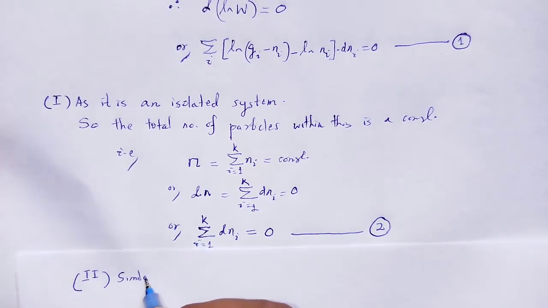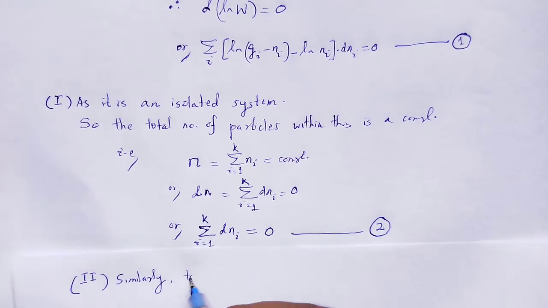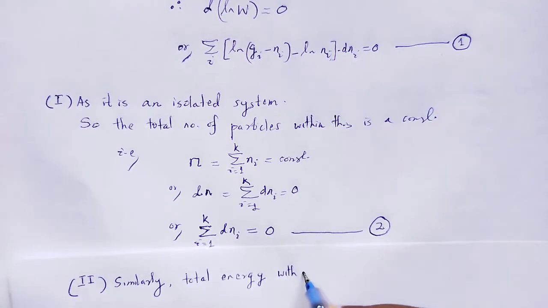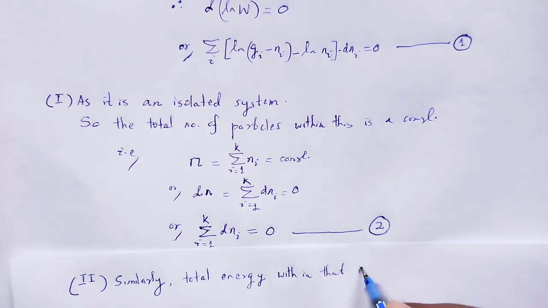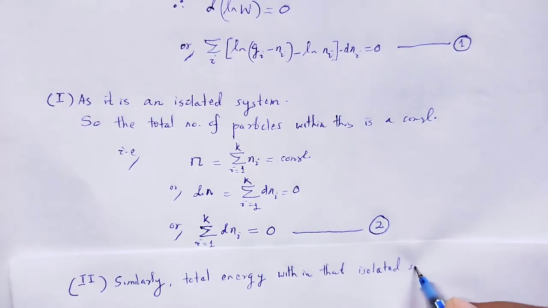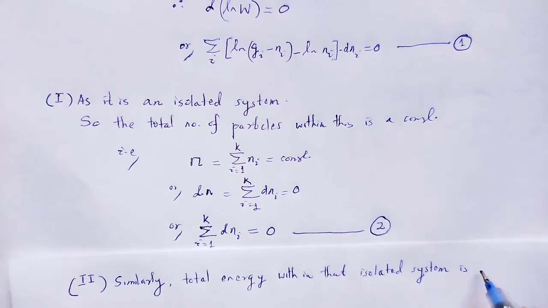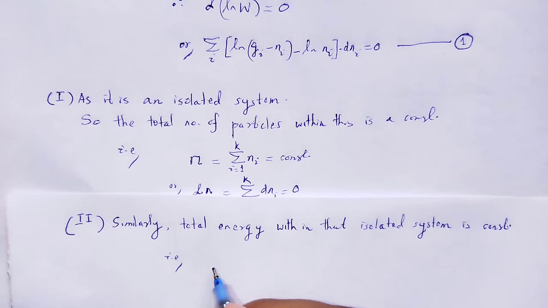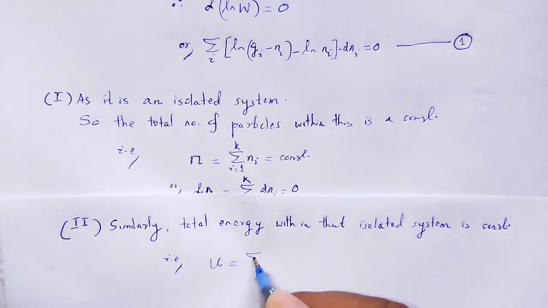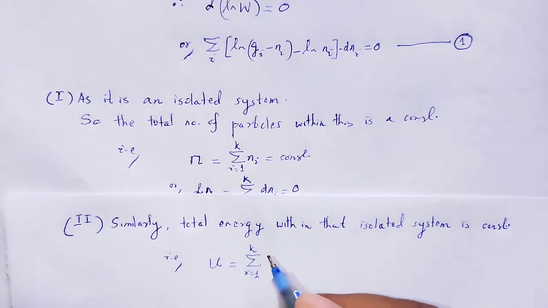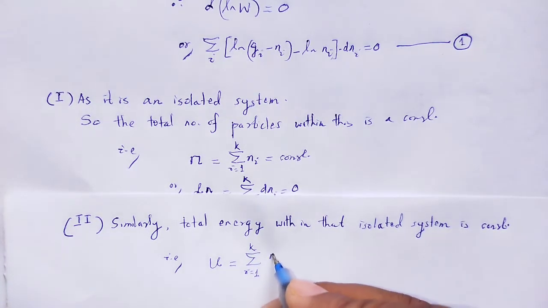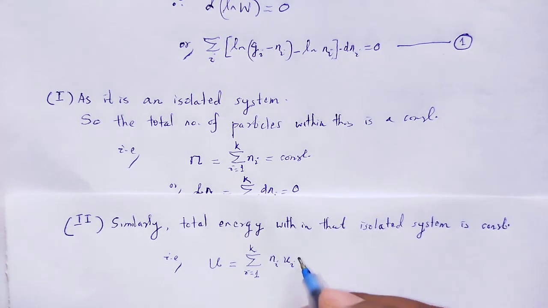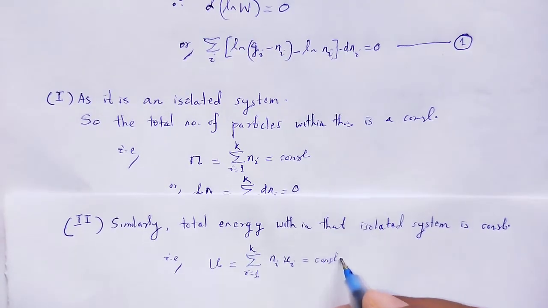The total energy U is equal to summation over i from 1 to k of Ni into Ui, the number of particles and its mean energy, which is constant.